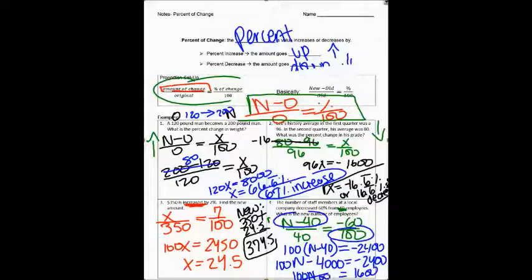Divide by 100, and I get n equals 16. So I got the same thing. This one is a little bit more mathy, but it gets you the correct answer the first time. So it's up to you how you want to do these when you're given the percent change and you need to find the new amount. Okay? Once you have this and you feel confident on the front, go ahead and start the back.